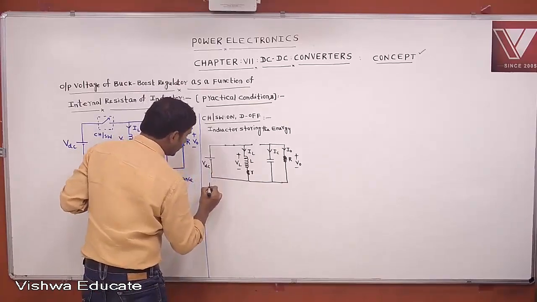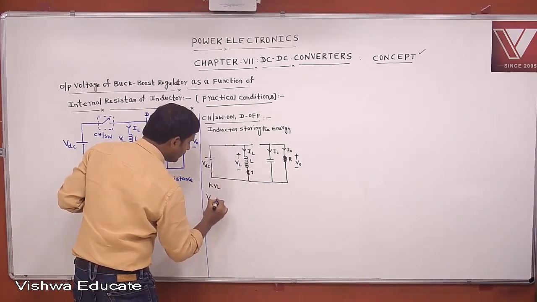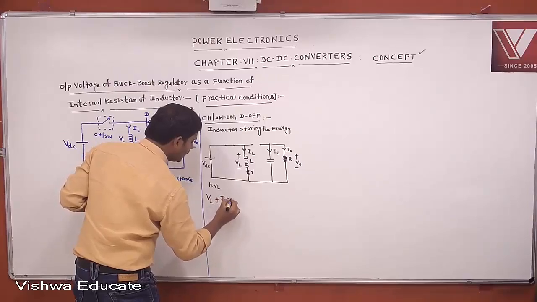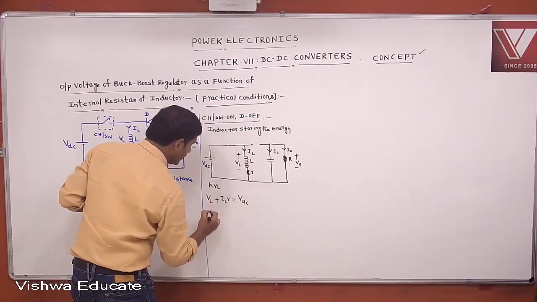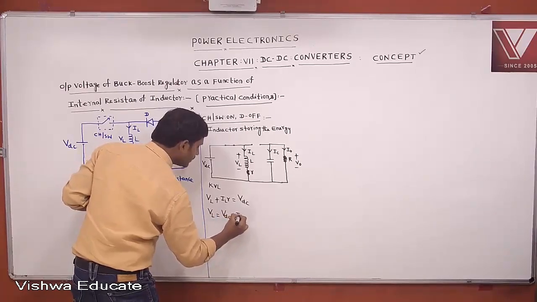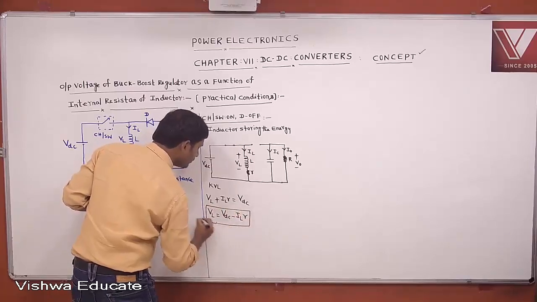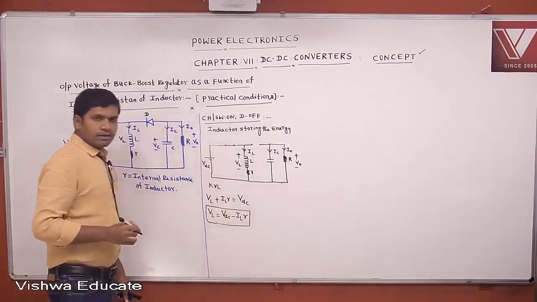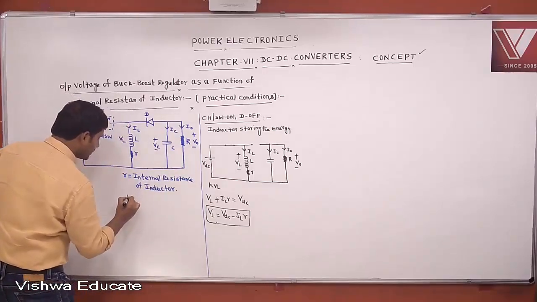Then according to KVL, what do you write? VL plus IL into small r equals VDC. Then VL equals VDC minus IL into small r. This is according to KVL, where capital R is the load resistance.